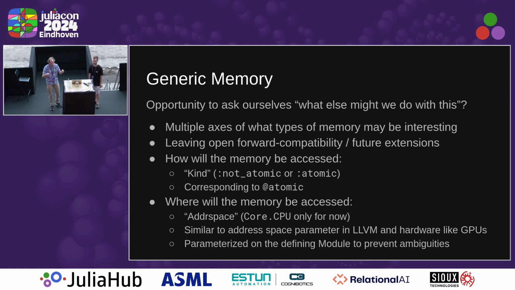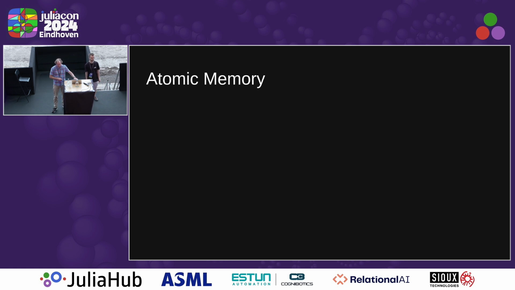And they could both hopefully coexist, and the compiler would understand which one you were trying to use at the time. On the CPU, only the core.cpu memory exists, and so that's the only one that you can allocate and use. But when you're targeting these other platforms, the other address spaces become meaningful. And so those other platforms can define how to allocate them.